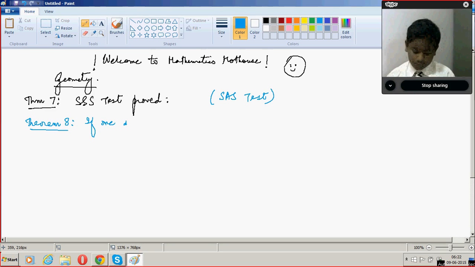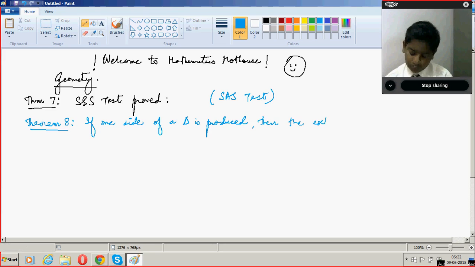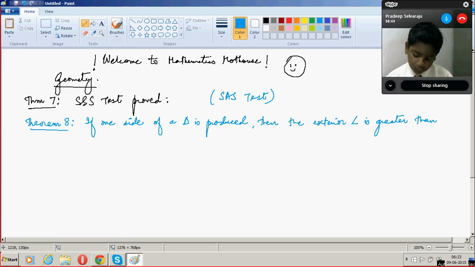If one side of a triangle is produced, then the exterior angle is greater than either of the interior opposite angles.